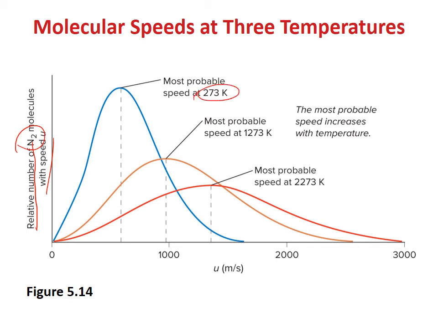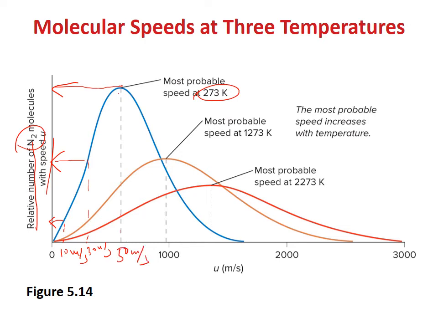At 273 Kelvin, some molecules move very slowly, for example, only 10 meters per second, but the percentage is small. More molecules move at, let's say, 30 meters per second. The percentage increases, and the highest percentage of the molecules is right here with speed around 50 meters per second.